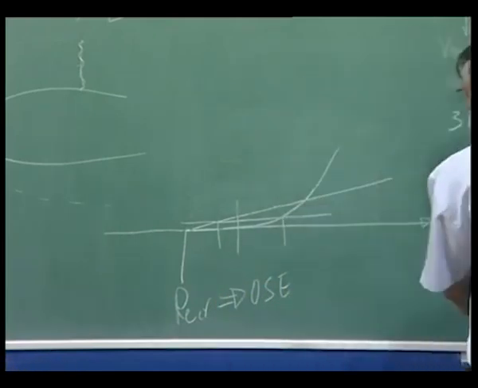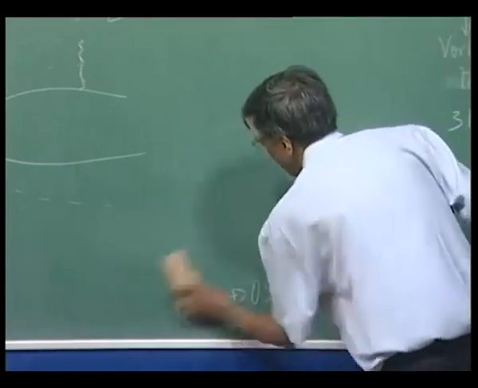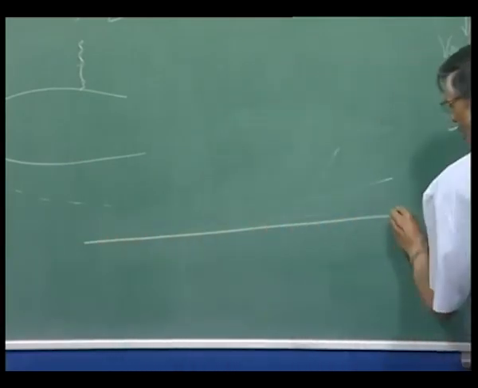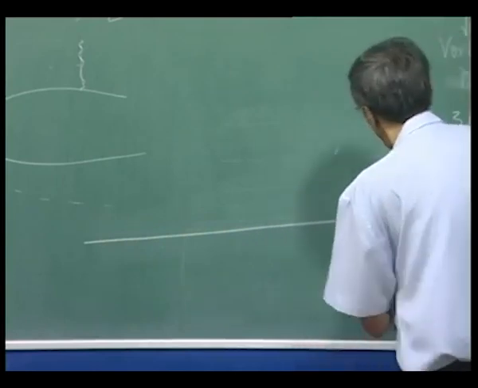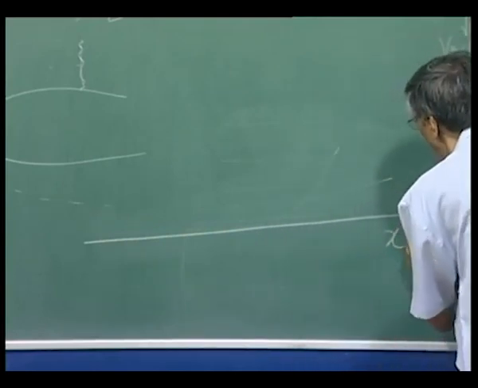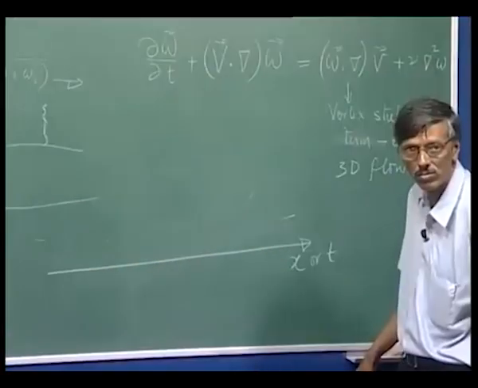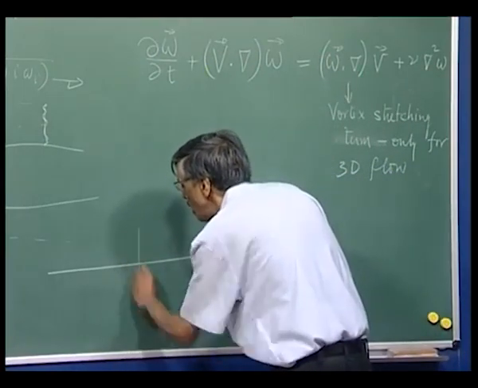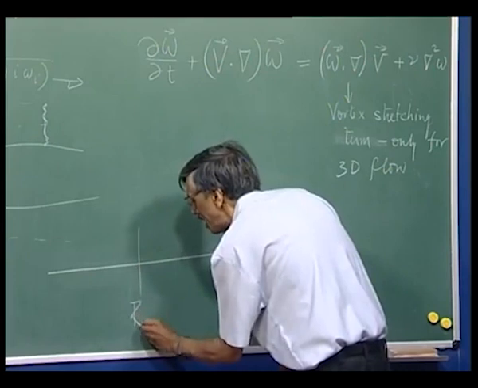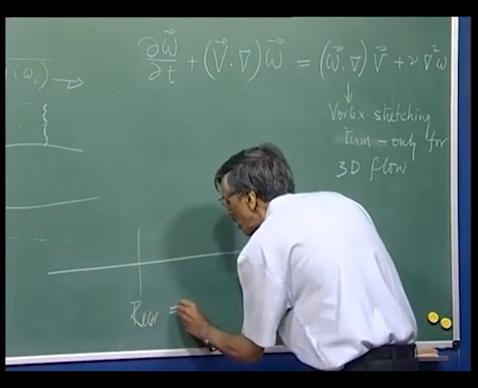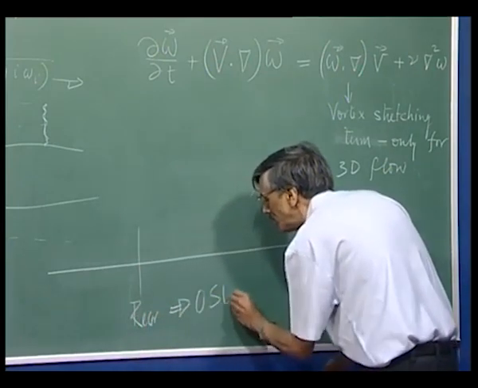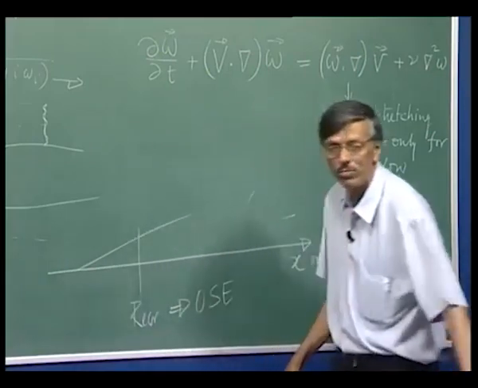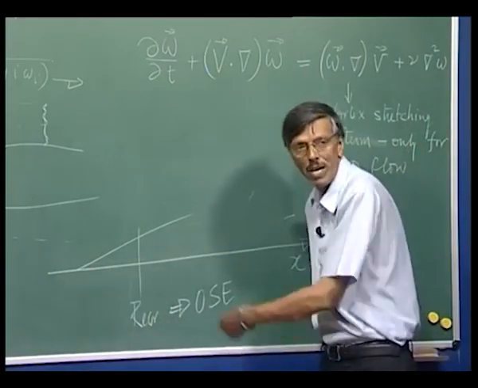Let me clean up this diagram and explain what we are talking about. So if I am talking about, say, x or t along this axis, and this is my Re critical corresponding to the Orr-Sommerfeld equation, then if my algebraic growth starts taking off from early on, that could be a subcritical thing.